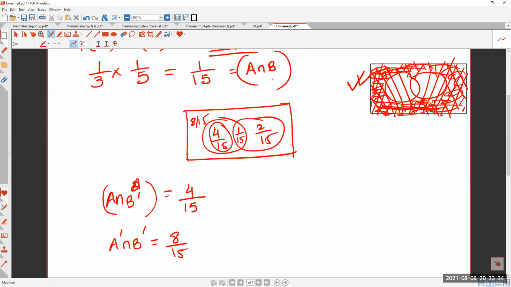What did you shade for the intersection? A complement intersection B complement means where the two lines cross, the A complement line and the B complement line. It is outside both the circles, which is 8 by 15. Understood?